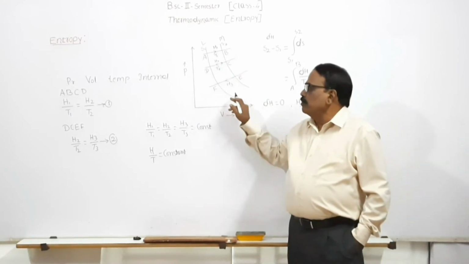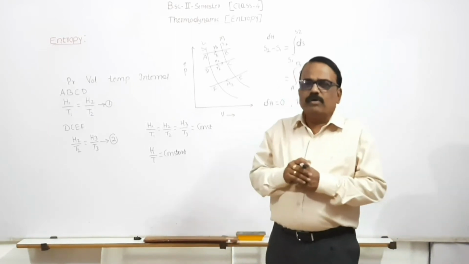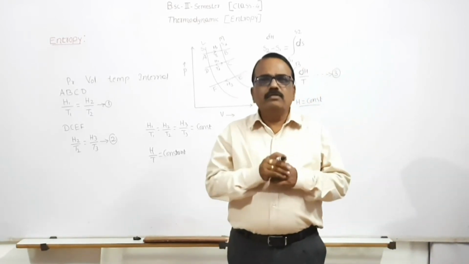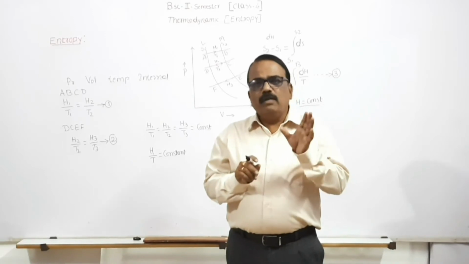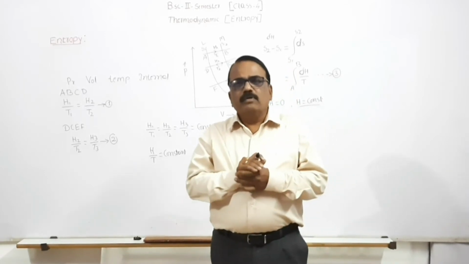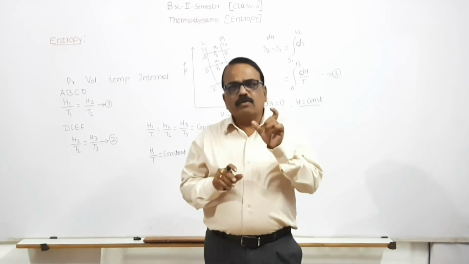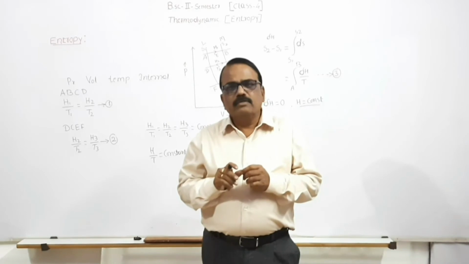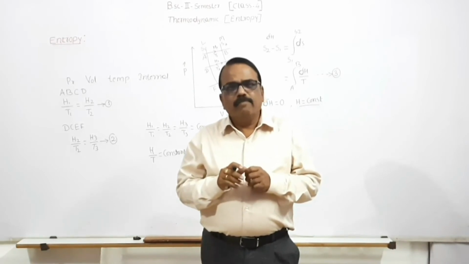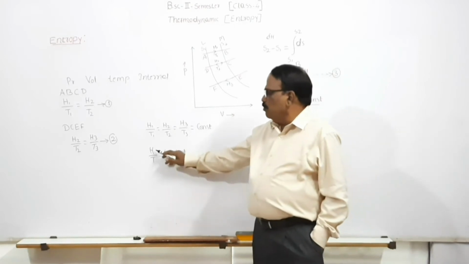That entropy remains constant. So entropy is one thermodynamic coordinate. When during the adiabatic process the quantity remains constant, that constant quantity is entropy, and it is represented by H upon T.